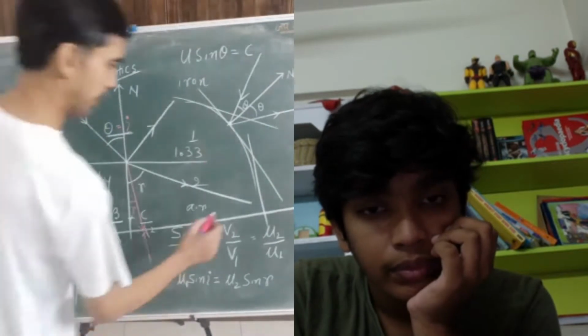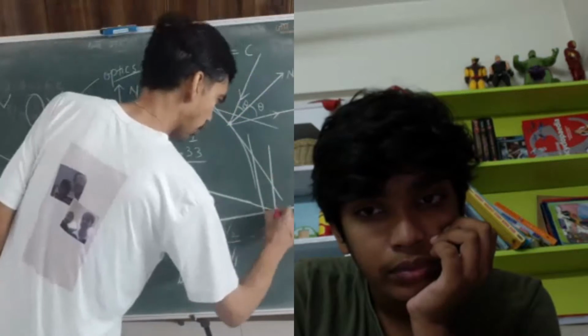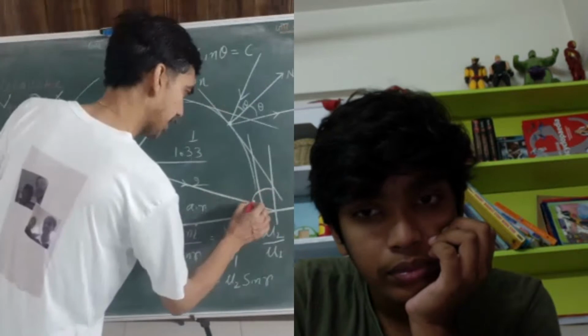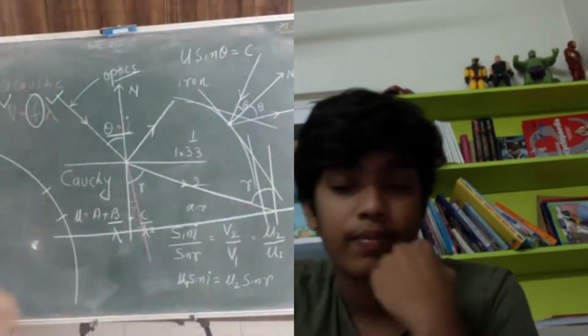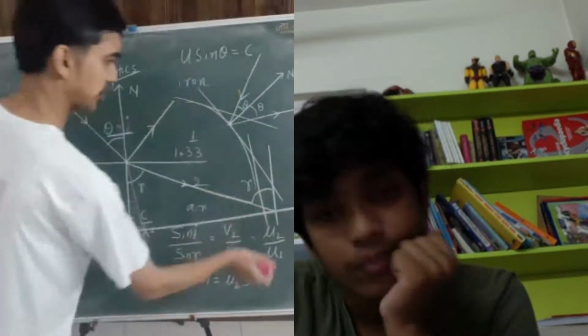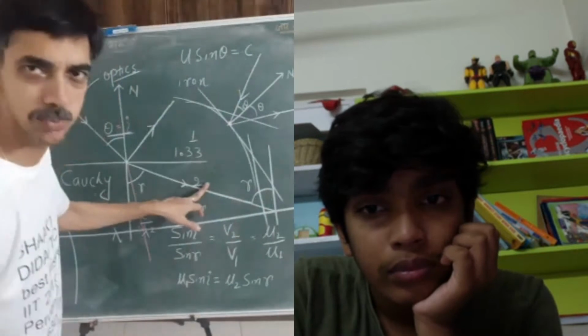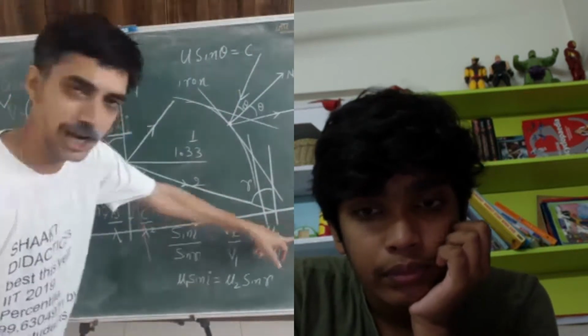If you take one more medium, Rishabh, then for this medium, look over here. If this is R, this will be R, correct? So for the next interface, let me mark it 3. For the interface 2, 3, is it visible on the board?